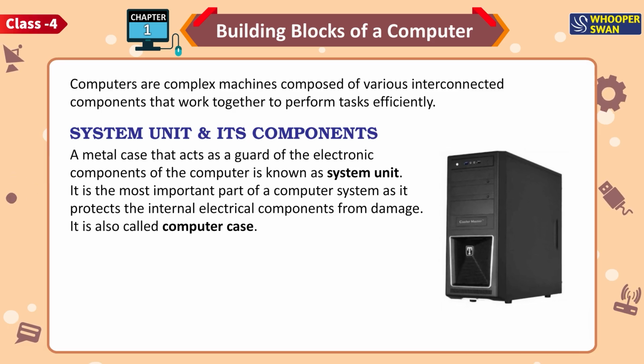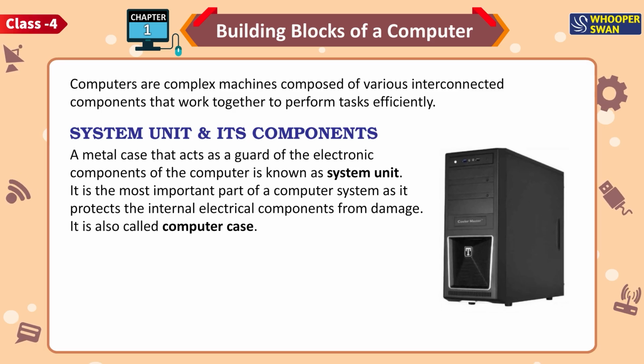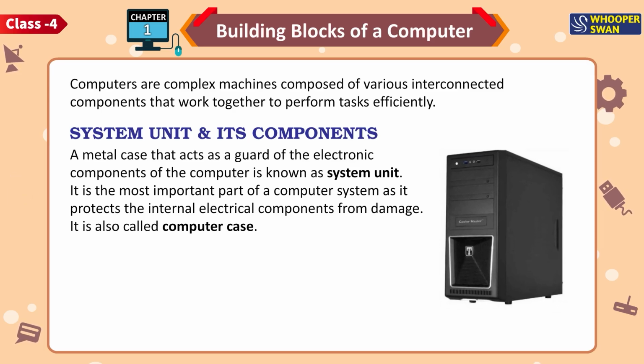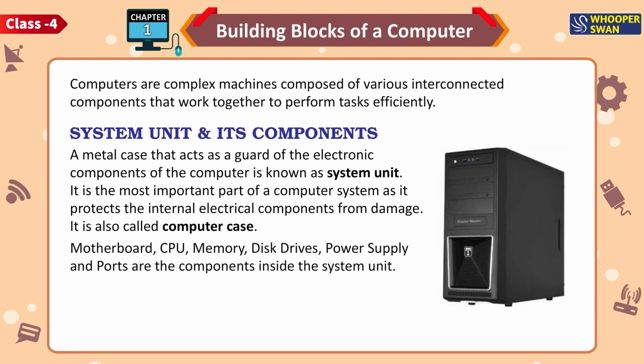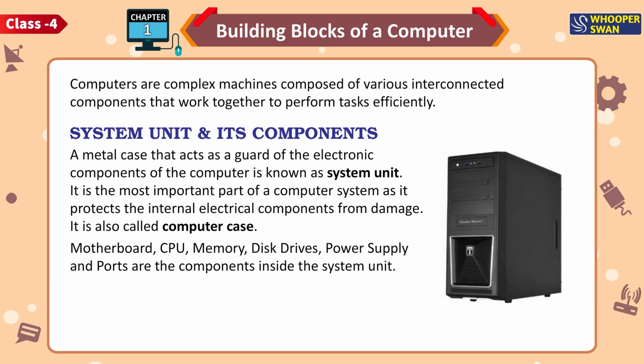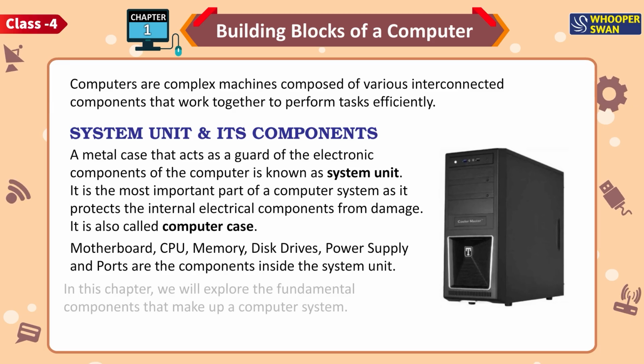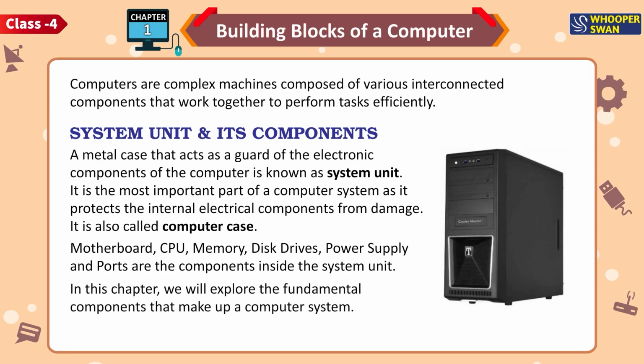It is the most important part of a computer system as it protects the internal electrical components from damage. It is also called computer case. Motherboard, CPU, memory, disk drives, power supply and ports are the components inside the system unit. In this chapter, we will explore the fundamental components that make up a computer system.